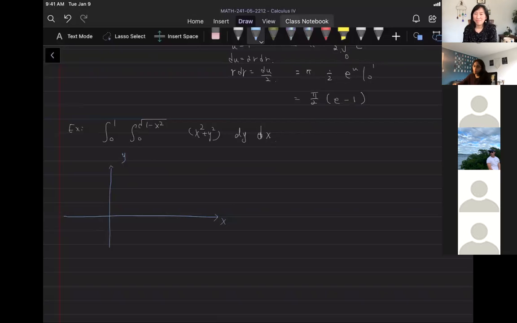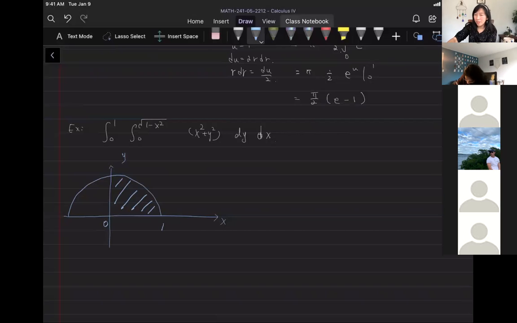Yes. y is from 0 to the half circle, the top half. But if you look at the x boundary, x is from what to what? x is from 0 to 1. Is that right? So we only have the right part. Are you okay, everyone? Be careful.